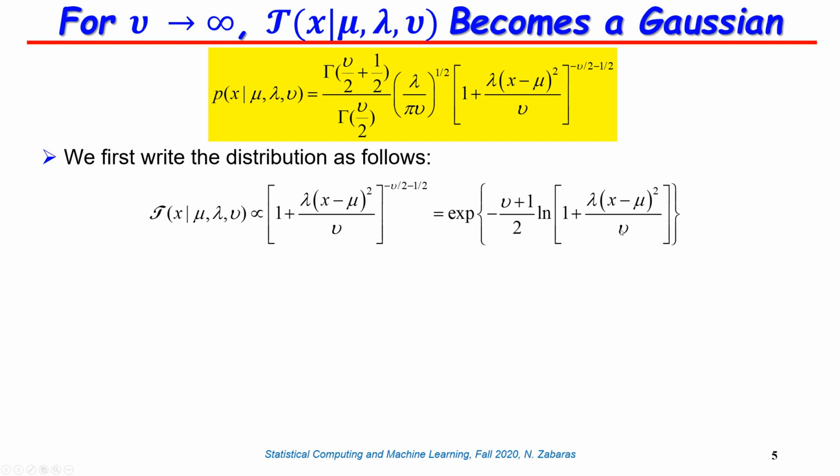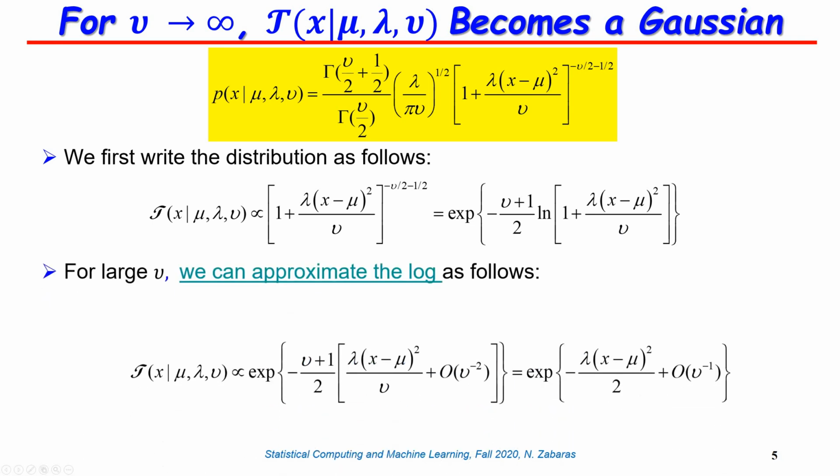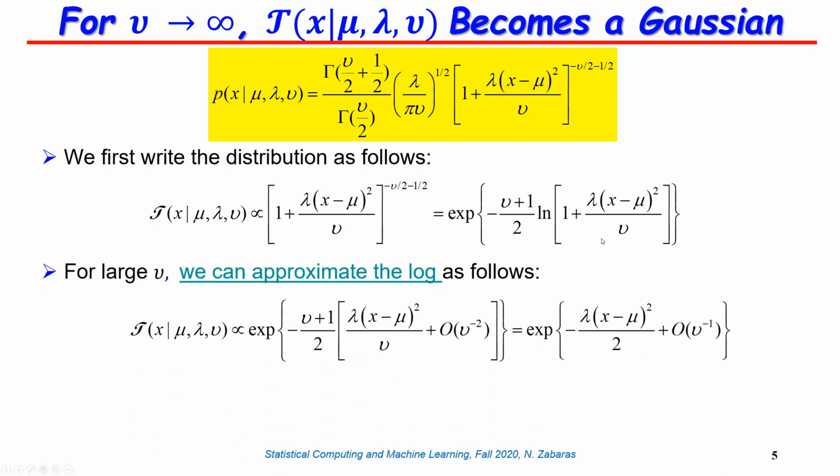So I can approximate this log as this term here plus some lower order terms that are negligible. The leading term is a quadratic, and you can see immediately if you put things together and take nu to infinity, nu plus 1 over nu converges to 1.